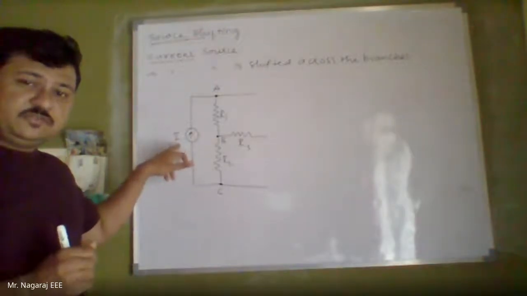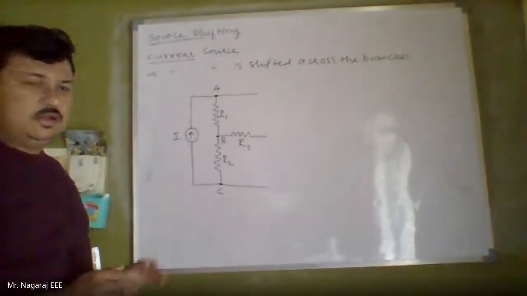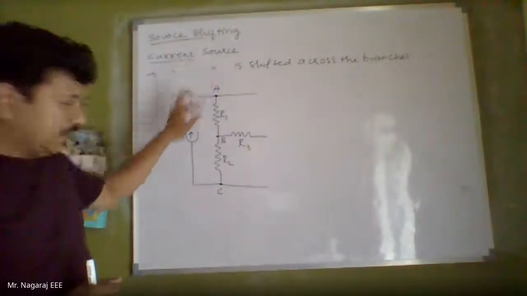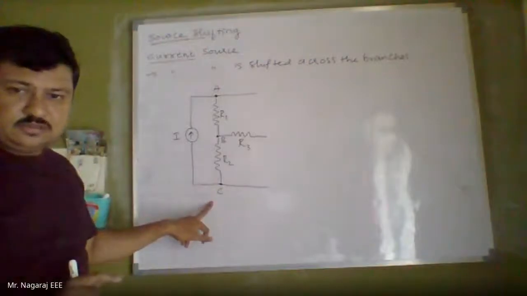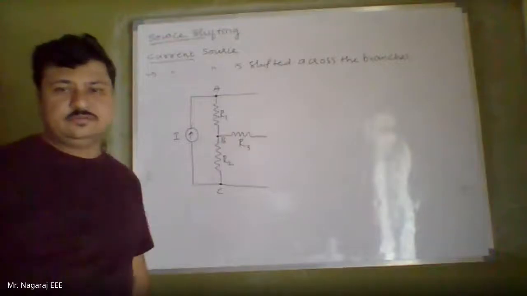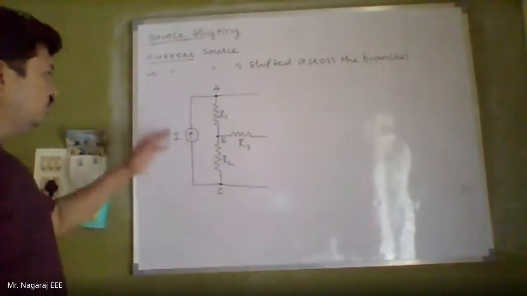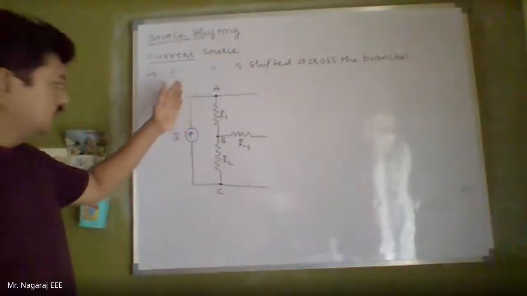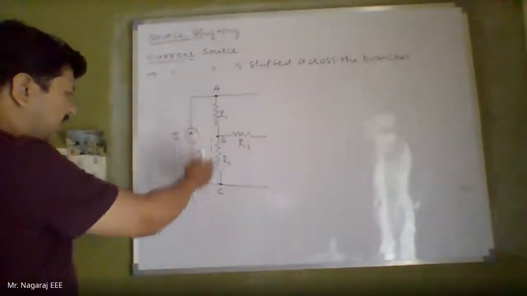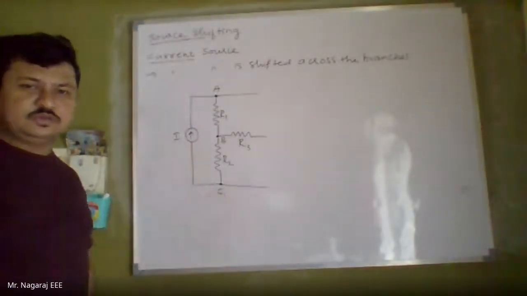So I should be shifting the source in such a way that current should be entering at node A, current should be leaving at node C, and current should be 0 at node B. That I have to take care of whenever I am shifting. It is true with any number of branches in parallel with the source. I can do it even if there is another branch forming another node; the same principle holds good.